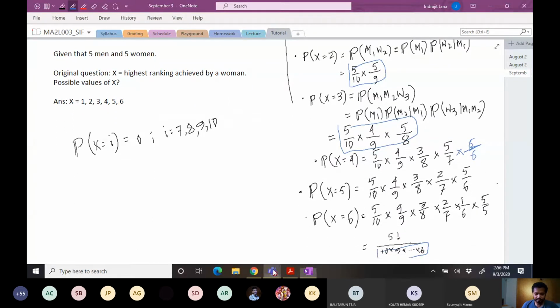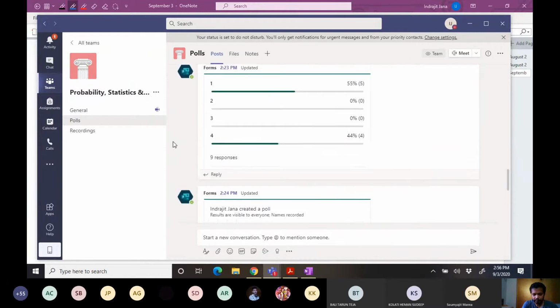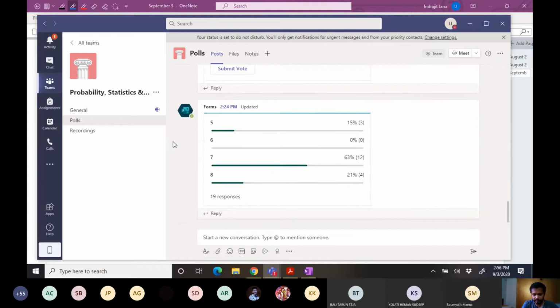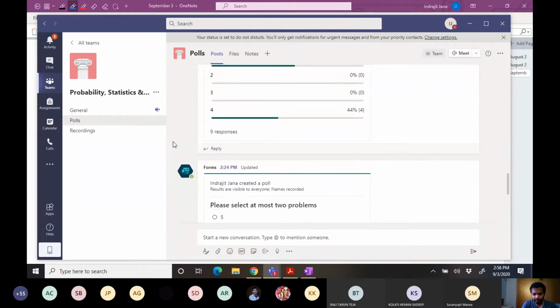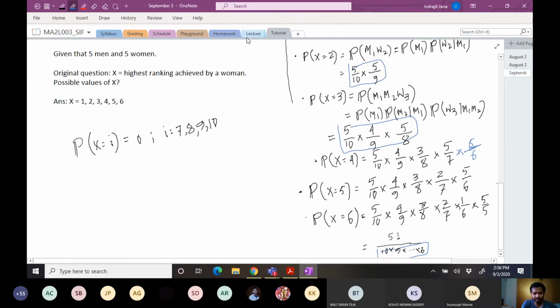Any other question? Okay, so what is the next requested problem? 8 and 4. Problem 8 was actually, the exact same problem was done in the previous lecture.